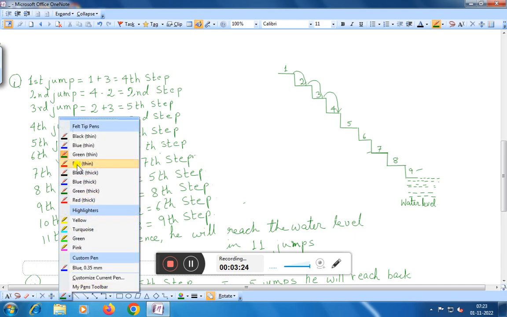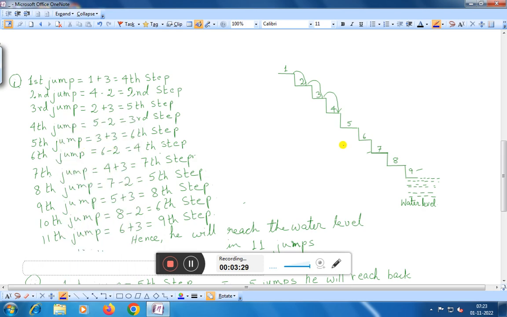Suppose we represent it by blue line, right? From the fourth step, he goes 2 steps backward, that is from here he goes to the second step, right?